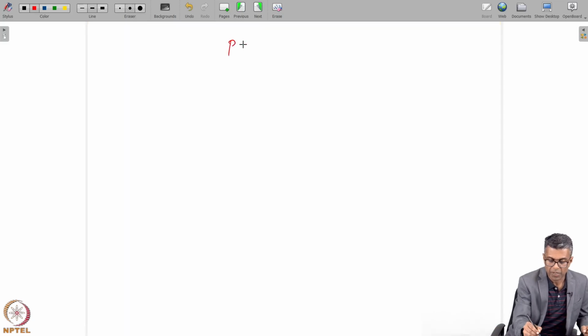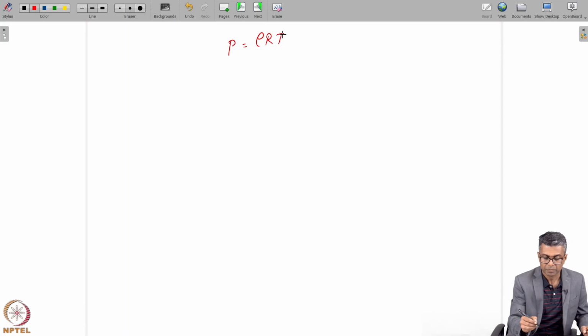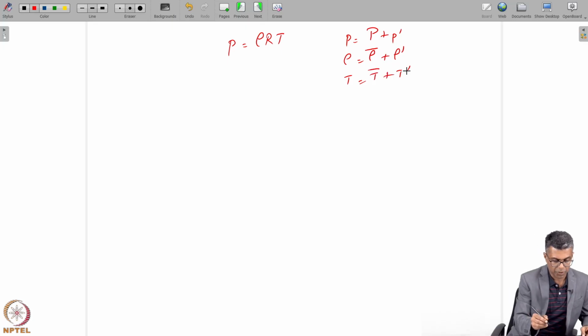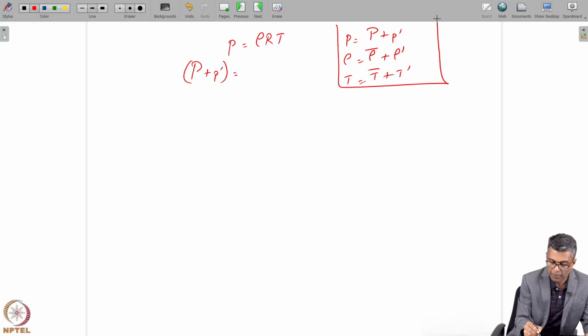So I have P is equal to rho RT, and my P is capital P plus P prime, rho is rho bar plus rho prime, T is T bar plus T prime. So I'll substitute all that in there and I will have capital P plus P prime is equal to rho bar plus rho prime times R, which is a constant, right? It's a gas constant.